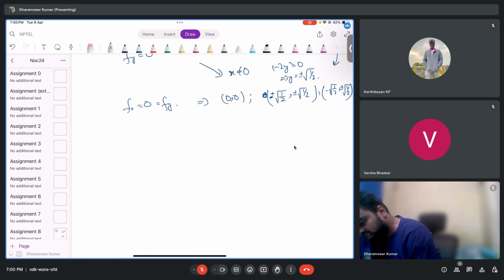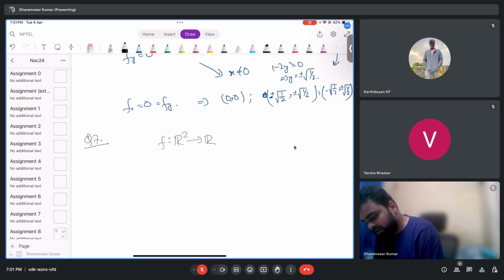Now question 7. Consider a function from R squared to R defined as f(x, y) is equal to x y square for all (x, y) in R square.